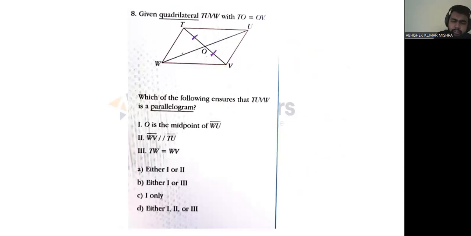So if OW would also be equal to OU, then this will also become a parallelogram because the diagonals would be bisecting each other. Therefore, my answer would be this one: O is the midpoint of VW. If O is the midpoint of VW, then you already know that this one would be equal to this one. So my answer would be only 1.